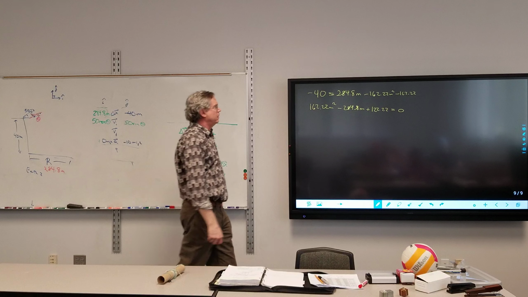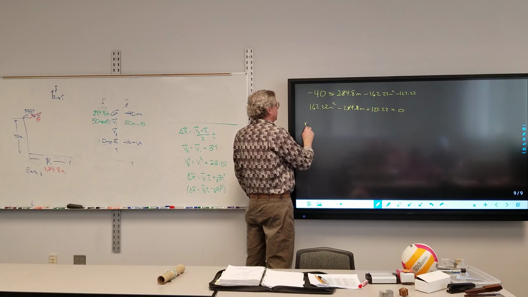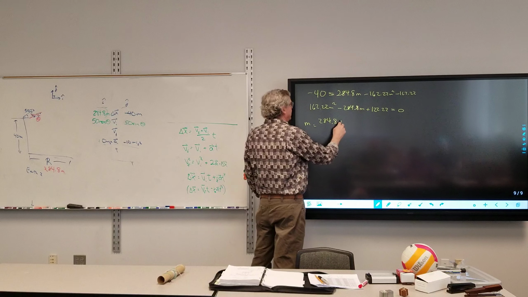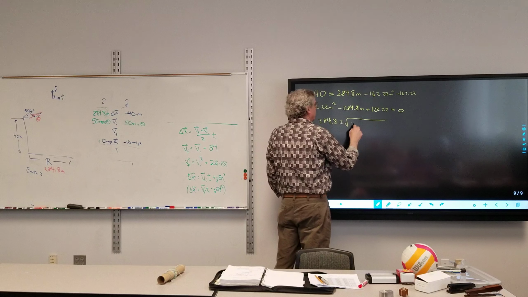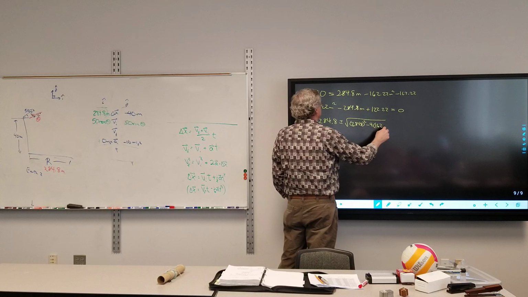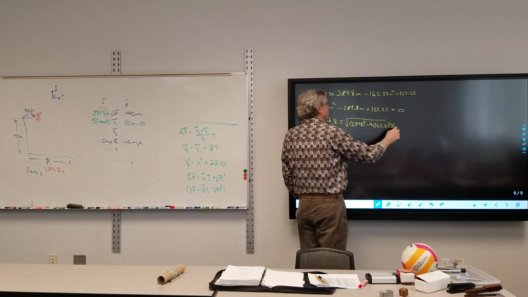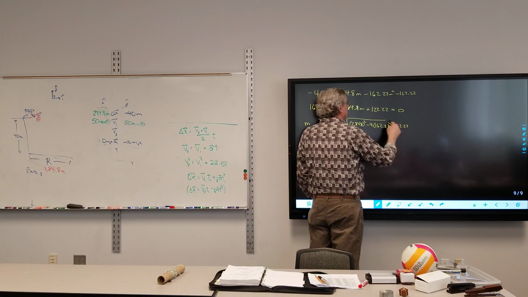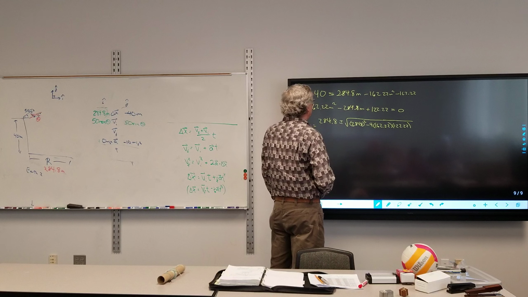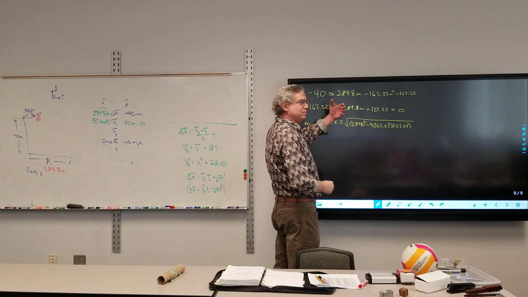Okay. m equals 284.8 plus or minus the square root of 284.8 squared minus 4 times 162.22 times 122.22. Shouldn't it be negative 122? Because even if you add 40, never mind, I forgot you do it backwards.